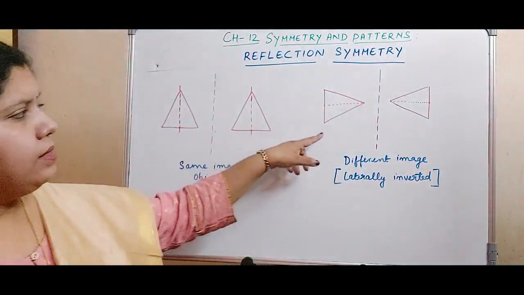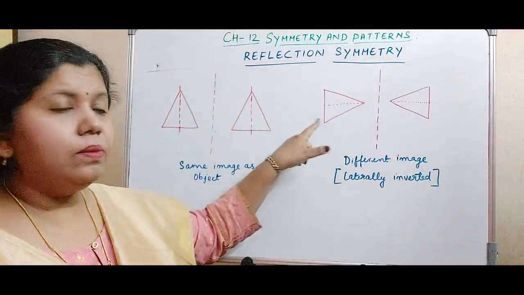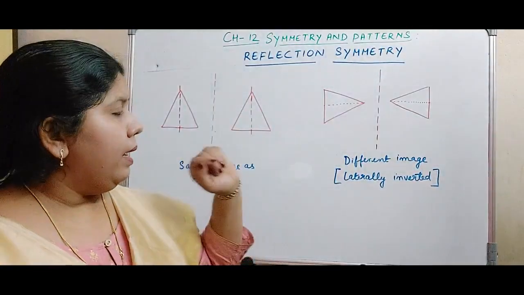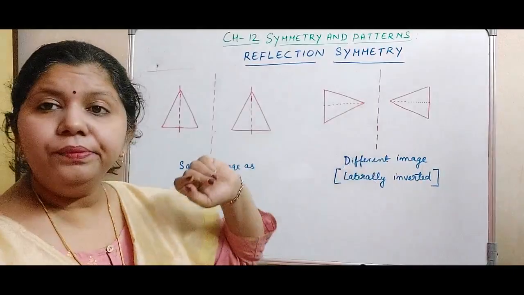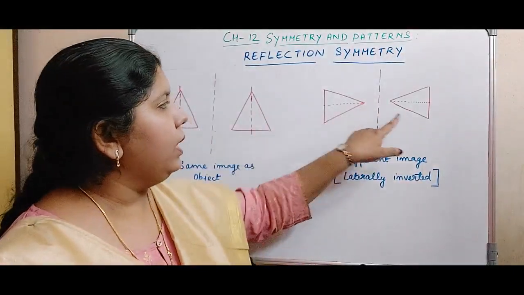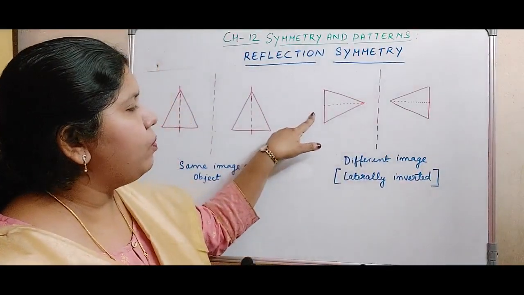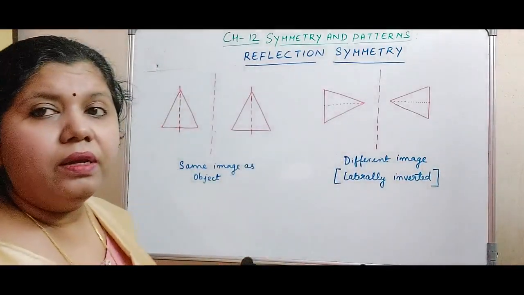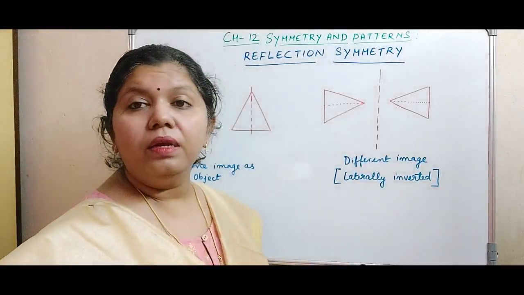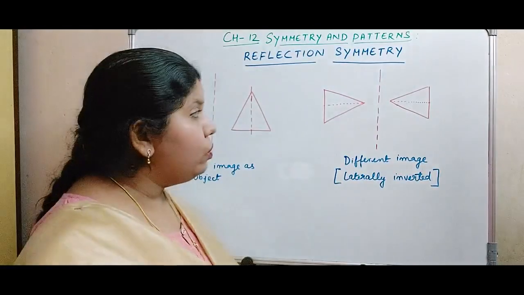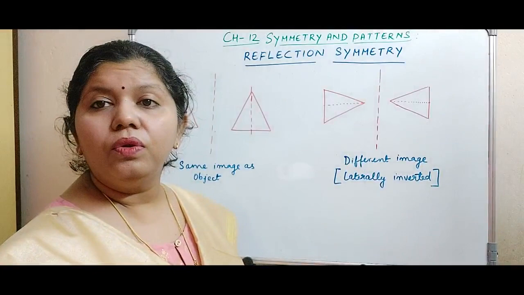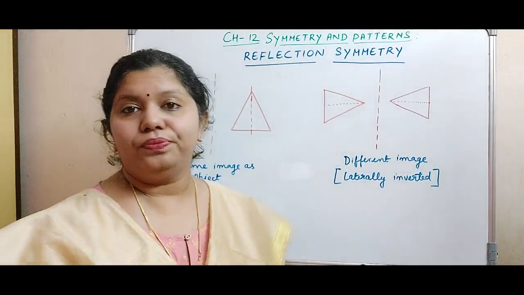But look at this, here also the same object, but it is kept in a different position. Here is the mirror line in the middle, but this object is pointing towards the right hand side and the image is pointing towards the left hand side. So they both look different now.